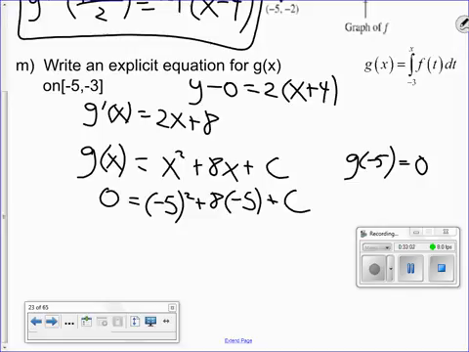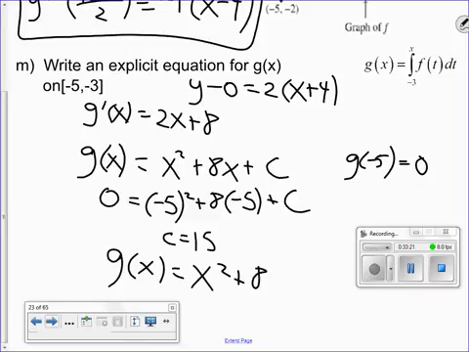Positive 15? I think that's right. So now we know what g of x is. It's x squared plus 8x plus 15.